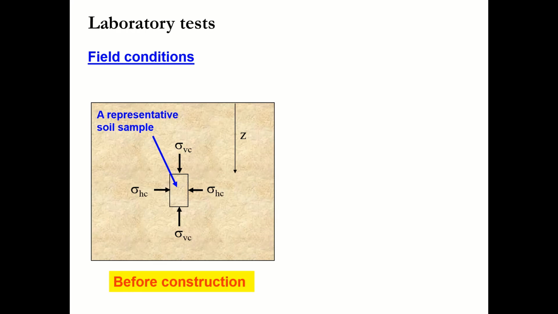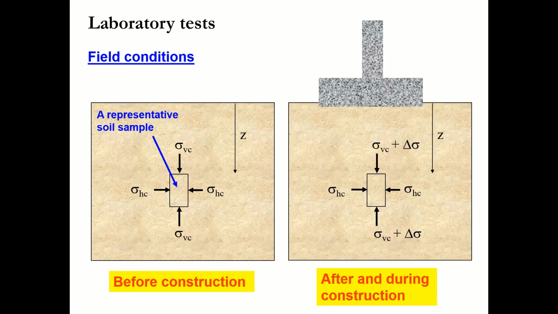In the field, suppose we have collected a soil sample from Z depth from the ground surface. Then there will be some vertical stresses and horizontal stresses as well. We can suppose that our vertical stress is sigma v and horizontal stress is sigma h. Now we are constructing a footing on that soil sample.